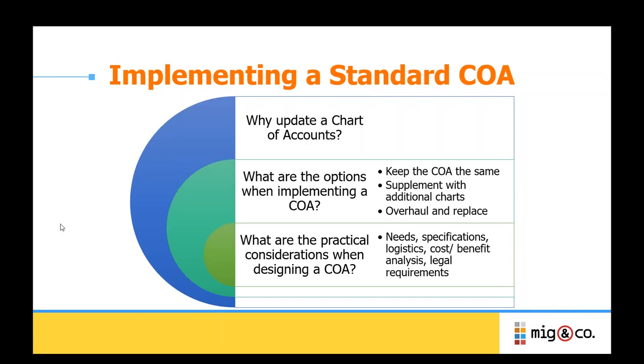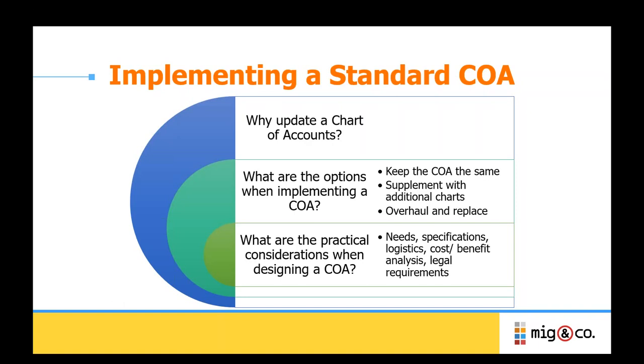We could keep it the same, and then we could supplement it with analytical accounting or something of that nature. We can supplement that with some additional reporting outside of GP perhaps, and we can obviously overhaul or replace the chart of accounts. We can make changes to it and modify it, or we can completely revamp it.